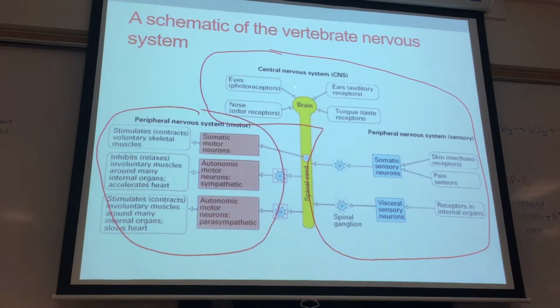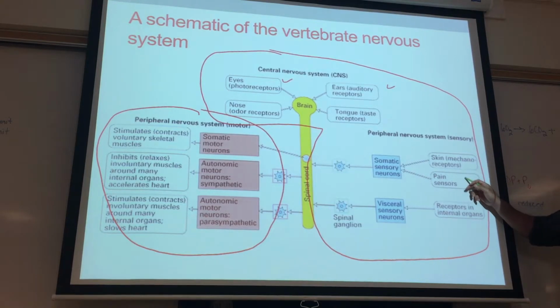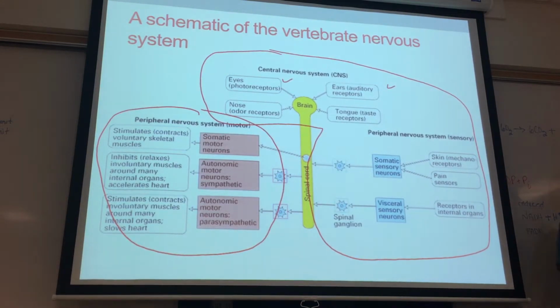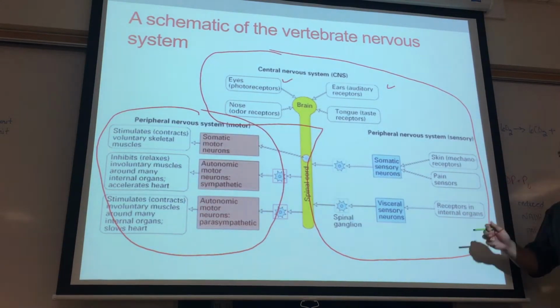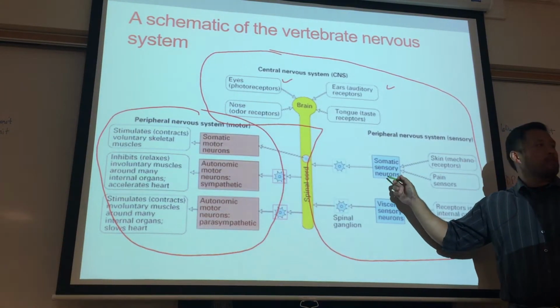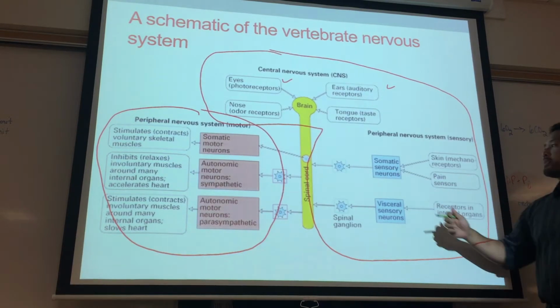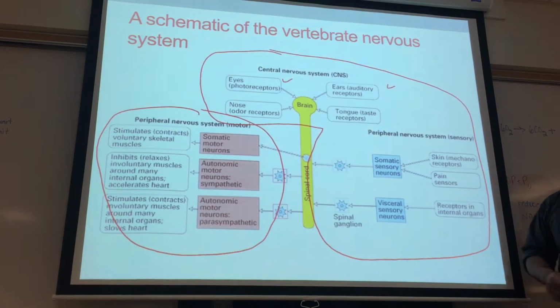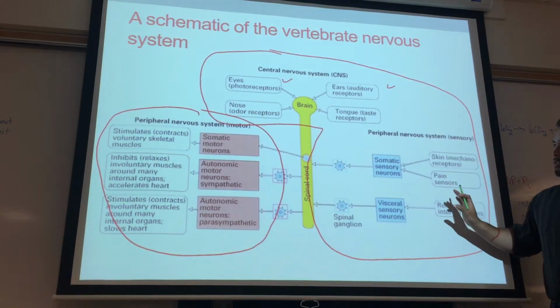So here you can see our 4 specialized senses, which we'll talk about next week: eyes, ears, nose, and tongue. And then we're going to look at other sensory organs located out in the peripheral nervous system that will also feed in somatic sensory neurons. These are neurons that govern the position of the body, the joint angle, things like that, conditions of the body, or the musculoskeletal system.